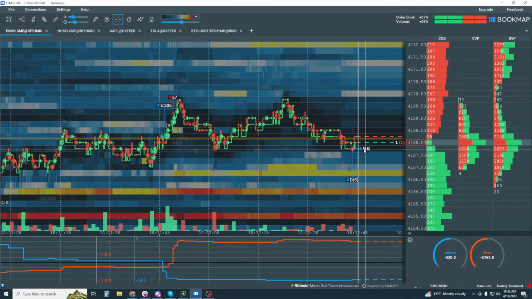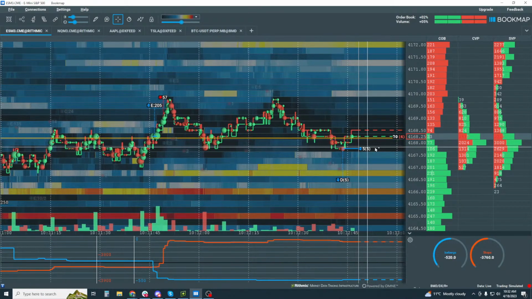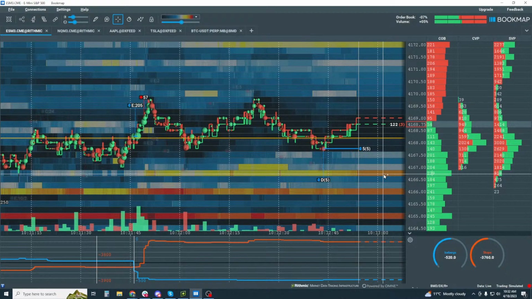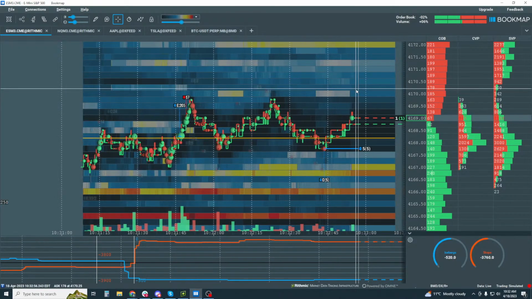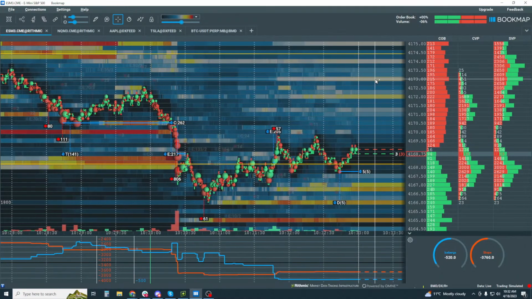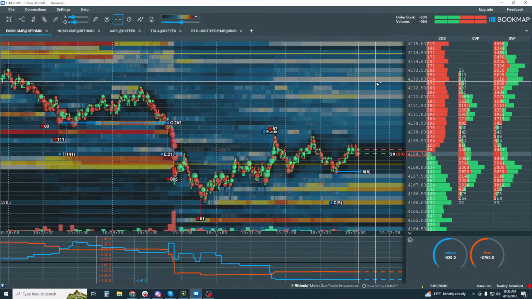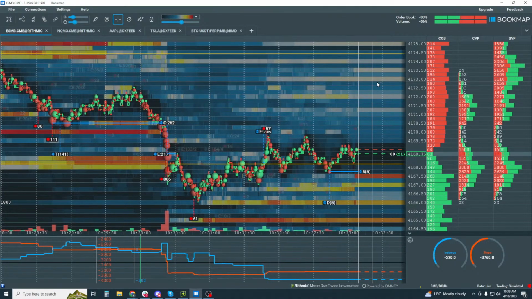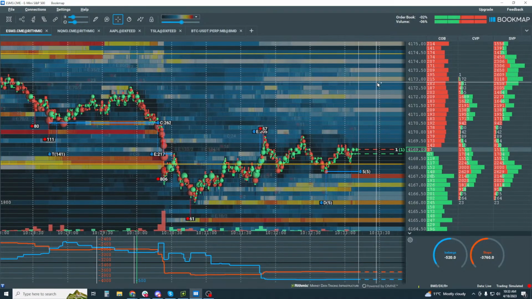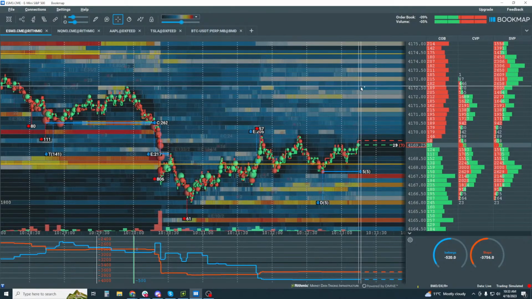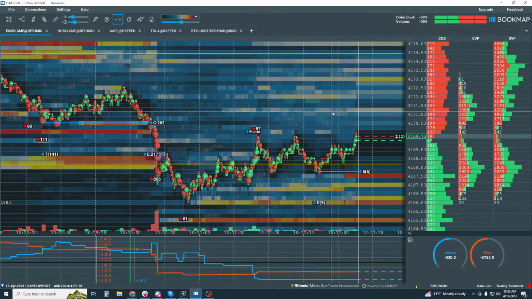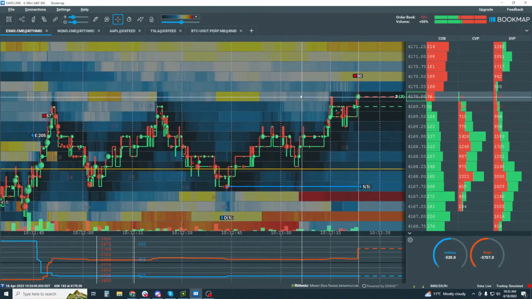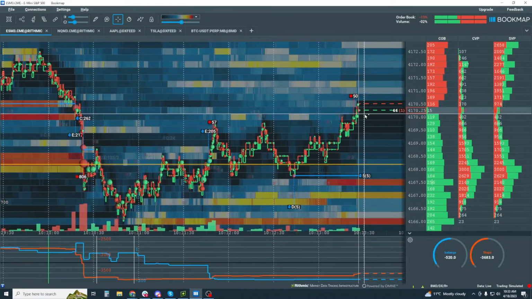So let's see if these sellers come in with some more power down at the bottom edge here at 68, and try to move down into like this liquidity here at around 67, 66, 65. More buying back up here again.